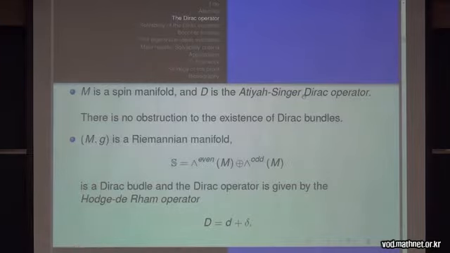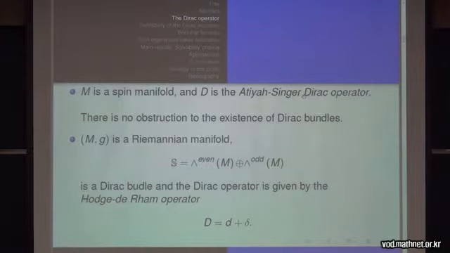If the underlying manifold is a spin manifold, then the spin representation gives us the Atiyah-Singer Dirac operator. But for the underlying manifold to be a spin manifold, we know that the existence of the spin structure has a topological obstruction given by the Stiefel-Whitney characteristic class.